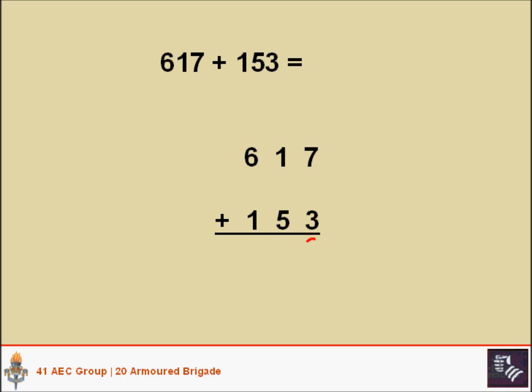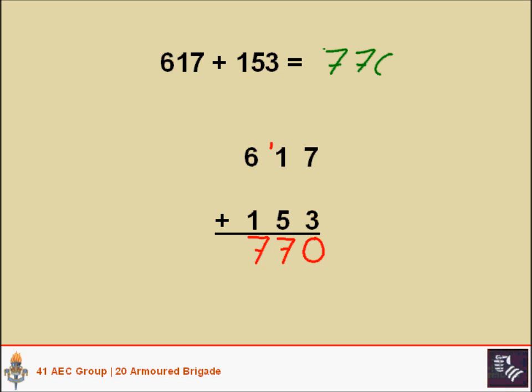Therefore, we have to place a 0 placeholder in the first column and carry the 1 over to the tens column. We then add it to the 5, which gives us 6, and then to the 1, which gives us 7. Write this in. Add your final column of figures, 6 plus 1 is 7. The answer is 770.